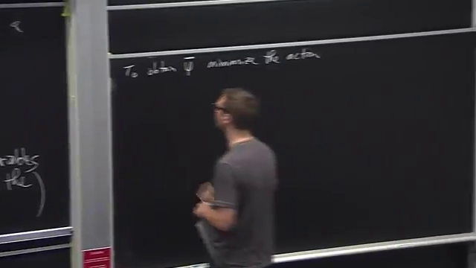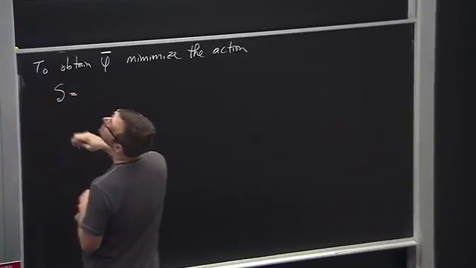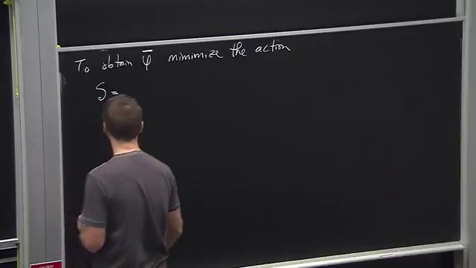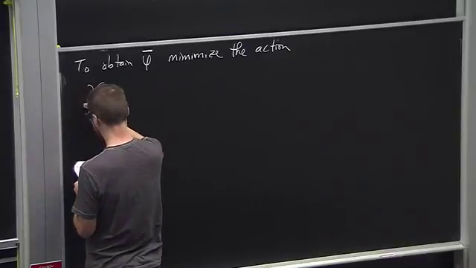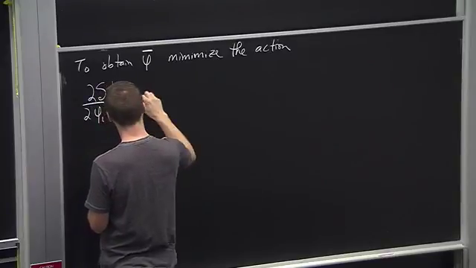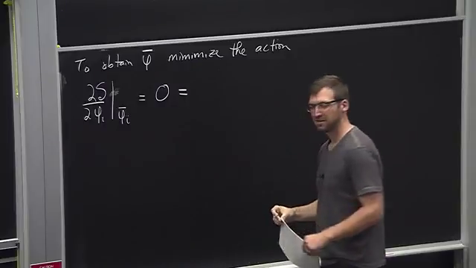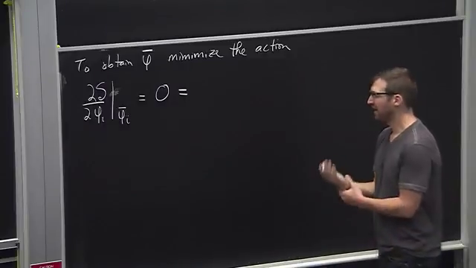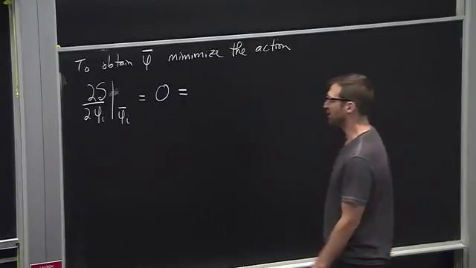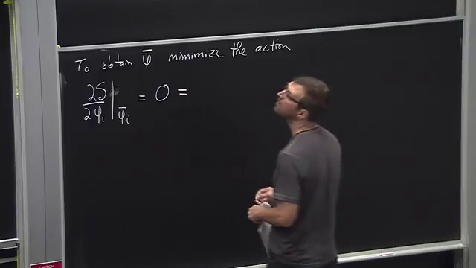I have it written right there. The first derivative of the action at that value you want to find at its minimum is 0. That defines a minimum.